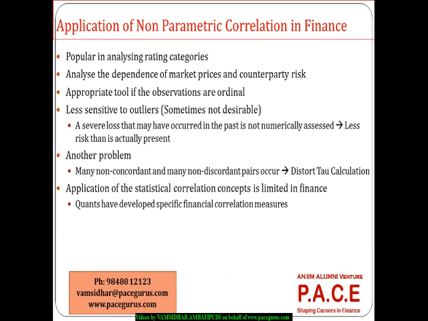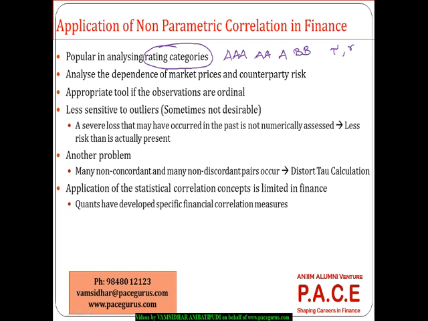And finally, now that we know these are the 3 correlation measures, if we are looking at the various non-parametric correlations, which means either the usage of Kendall's tau or the usage of Spearman's rank correlation coefficient, they are used quite comfortably by the rating agencies as a part of the rating categories, because rating categories are always more and more ordinal in nature.